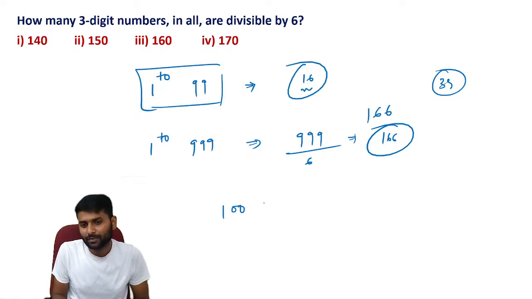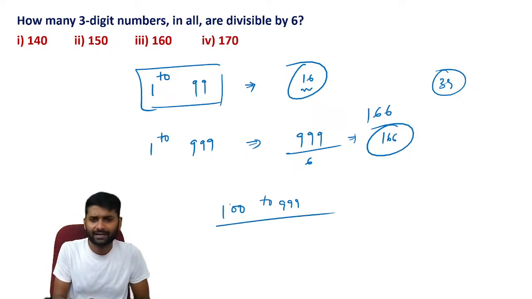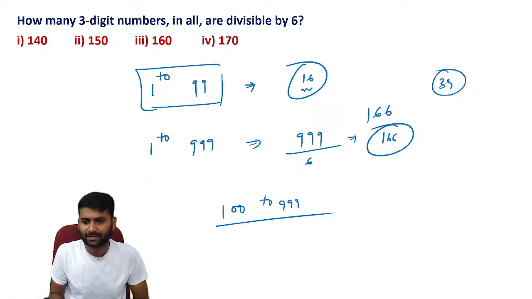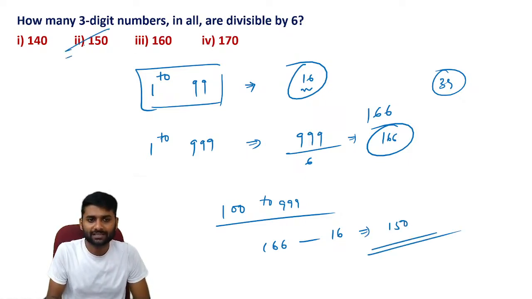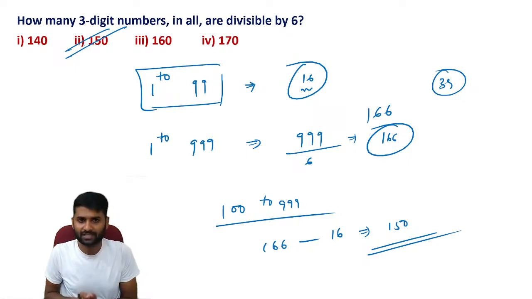But we need the numbers from 100 to 999. You never get 100 in the 6 table, and you never get 999 in the 6 table. So no need to subtract 1 unit, guys. Directly subtract: 166 minus 16. If you go through that substitution, the total number of three-digit numbers divisible by 6 is 150.